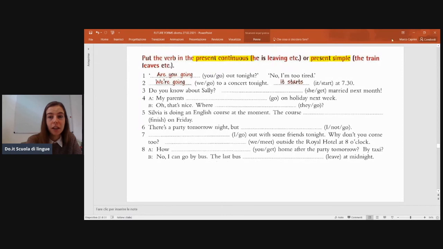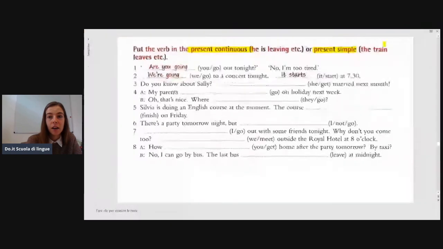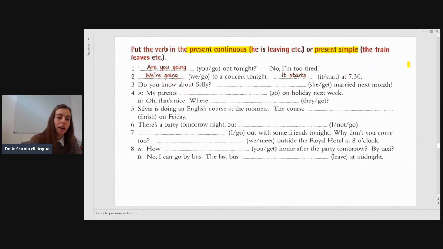Quindi dobbiamo decidere quale tempo verbale usarci, ok? Ovviamente dobbiamo sempre pensarci prima, quindi leggiamo sempre bene fino a fine la frase e decidiamo se è il futuro 100% aggiudicato oppure c'entra con la scheda, ok? Sono le partenze, orari.